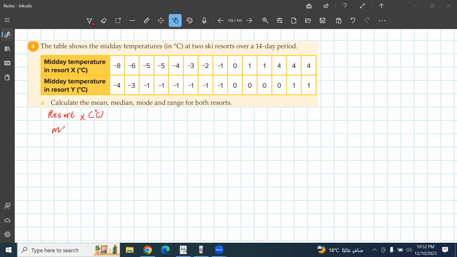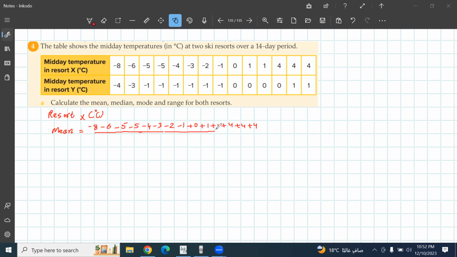What is the mean? The mean is equal to the sum of the values, which means -8, -6, -5, -5, -4, -3, -2, -1, 0, +1, +1, +4, +4, +4, divided by the number of values.